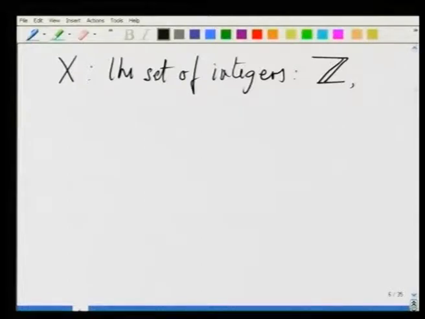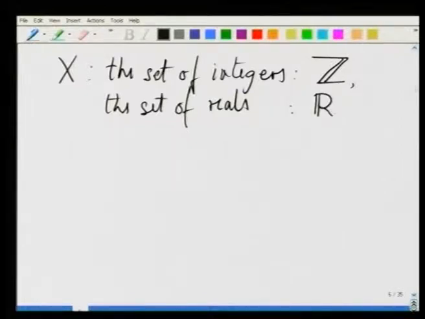This is called Blackboard bold. Then there is the set of real numbers, simply called the set of reals. These are the sets that we will most often be using to represent functions.